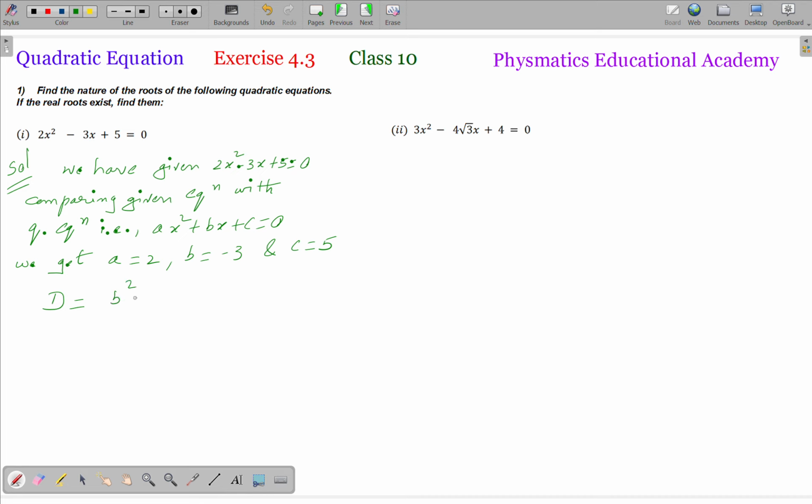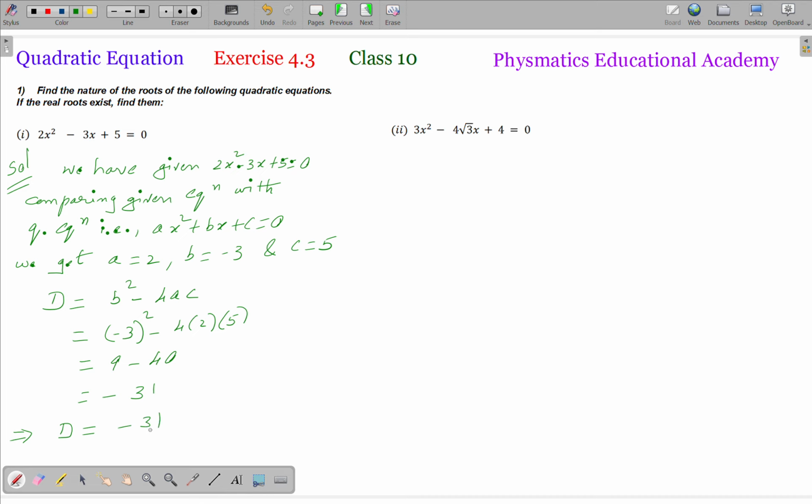So D is equal to b square minus 4ac, that is minus 3 whole square minus 4 into 2 into 5. This is 9 minus 40, that is equal to minus 31.